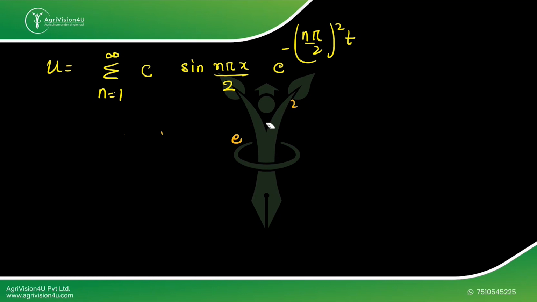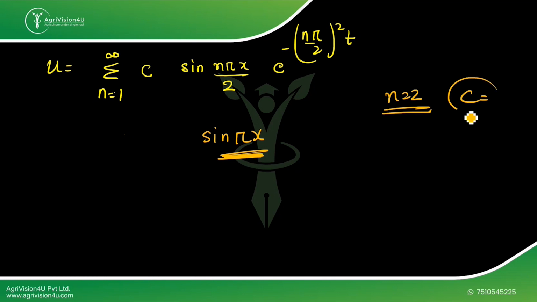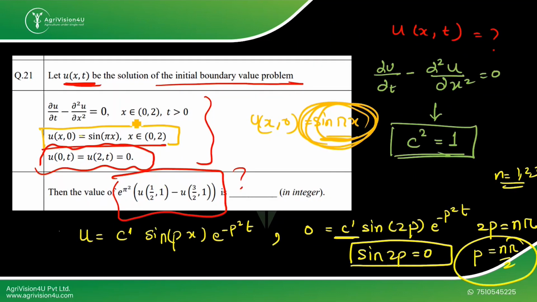But if I put n equals 2, I will get sin pi x. It means only if n is equal to 2 do I get the constant as 1, matching this initial condition. Otherwise, all of the other terms are 0.